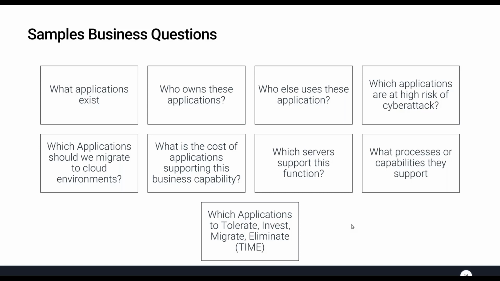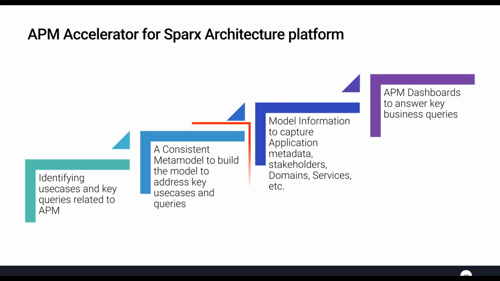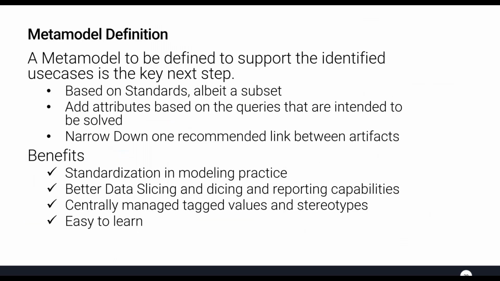And to satisfy these queries, what do we need from a modeling perspective? So we identified the use cases based on the business queries. And based on this, what we wanted to deliver is a meta model that will be able to take these use cases, implement it, and narrow down everything else.